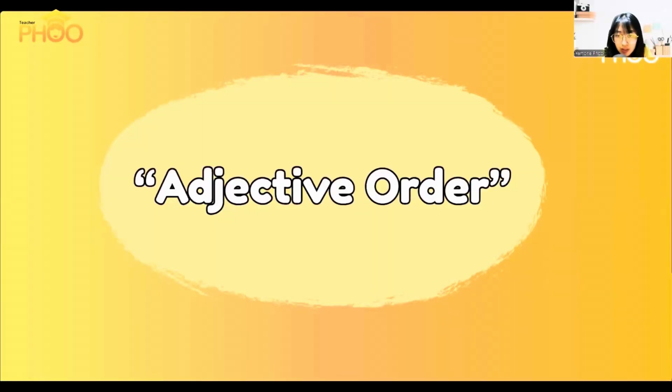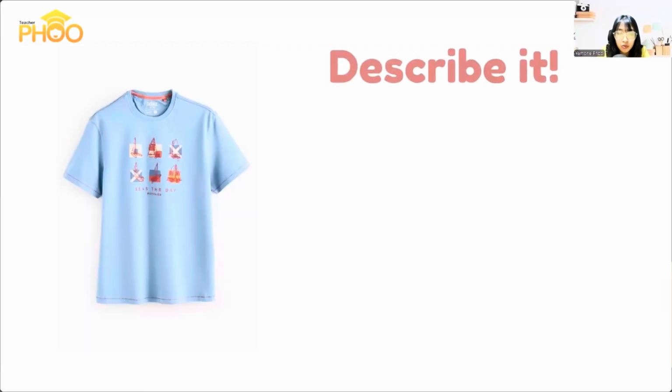Let's get started. Imagine you want to describe a t-shirt. As you can see here, the t-shirt is blue, it looks cool, and not only that, it's made of cotton. So how are you going to describe it?